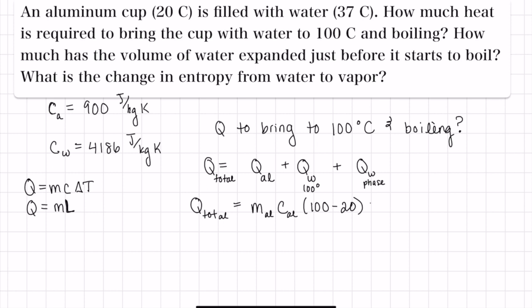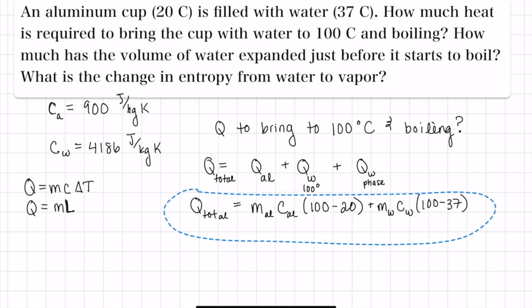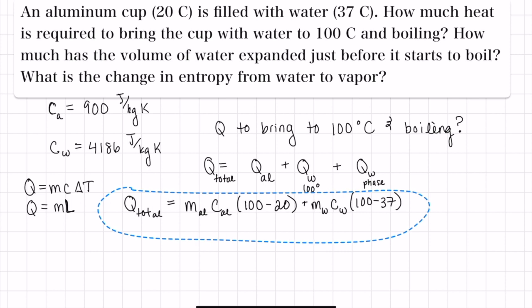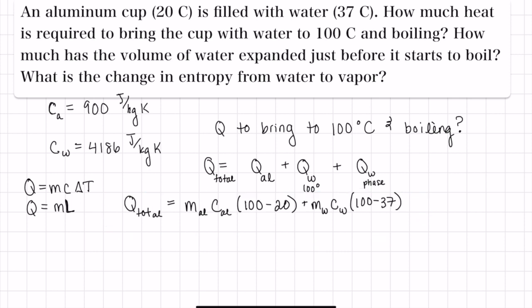So that's for aluminum. For water, we're going to have the mass of water times the specific heat of water times its change in temperature, which is going to be 100 minus 37. And then let me scoot this over a little bit so I can fit the last thing on this line, which is going to be plus the mass of water times the latent heat of vapor.